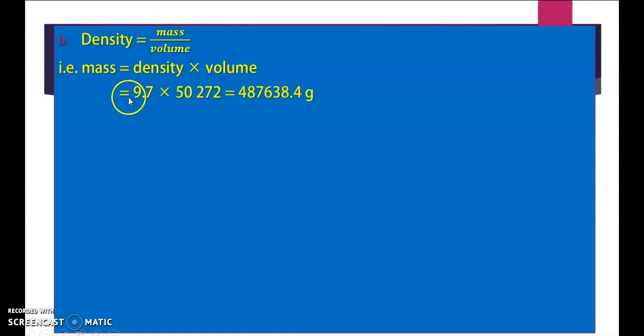Now we are going to have our mass as 9.7, which is the density given, times 50,272 as our volume of metal in the pipe.